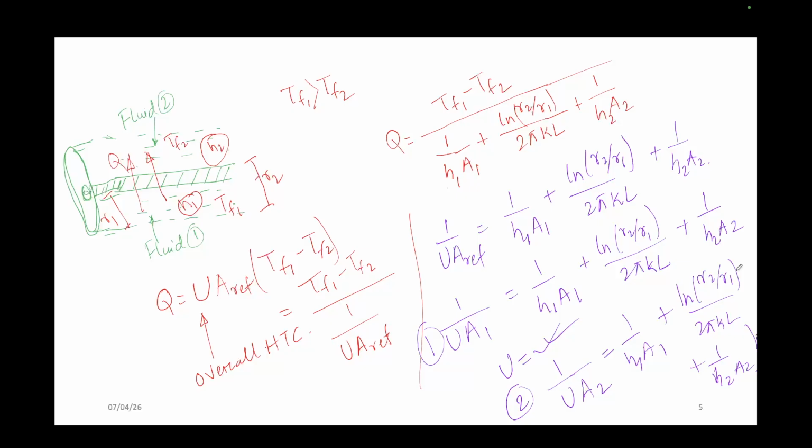Please let me know when you complete noting this down. Whatever I am discussing is based on the numerical approach. If a numerical question comes, this is how you need to solve it. So in this way you can find U, right? In the question, values will be given. There is no assumption.